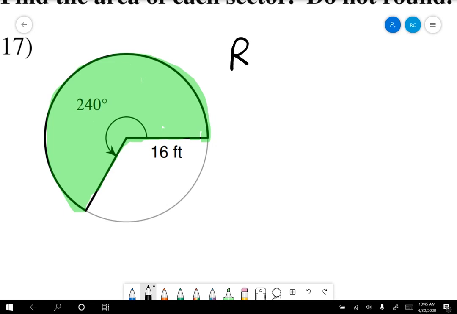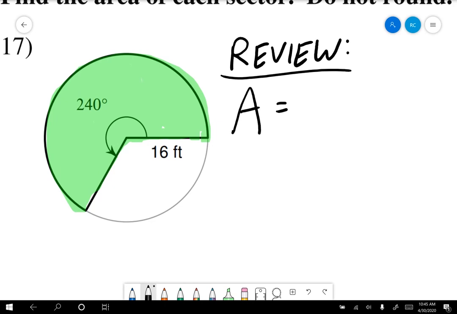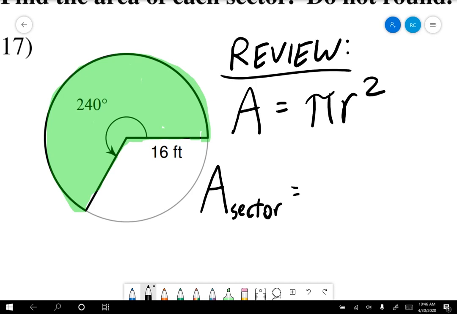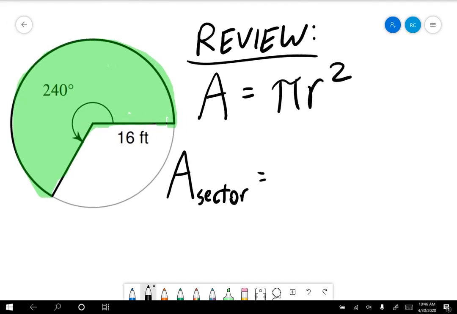Now, as a review, the area of a circle is pi times the radius squared, pi r squared. So the area of a sector, well, you're going to take how much of the circle you've got, which in this case is 240 degrees, and you divide that by 360.